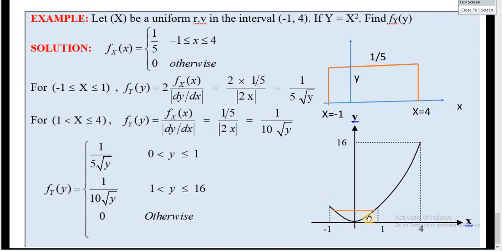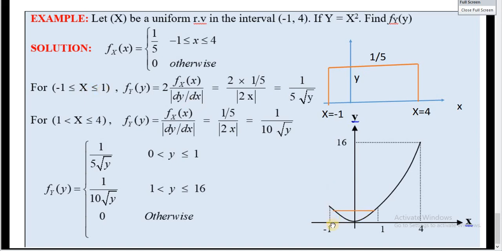So over this part we have this factor of 2, so we have 2 times the density function of x equal 1 over 5, and the derivative dy by dx equals 2x, and this simplifies now. X, as we have said earlier, is just the square root of y, and so we have 1 over 5 square root of y. So this is the density function for values of x between minus 1 and 1.